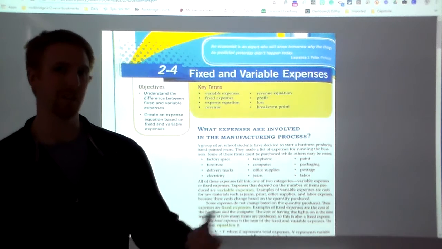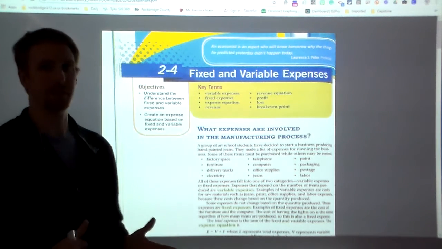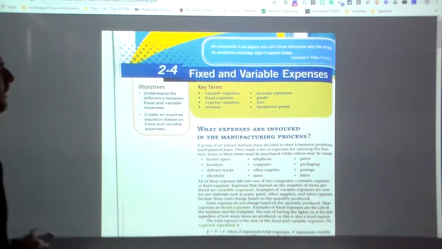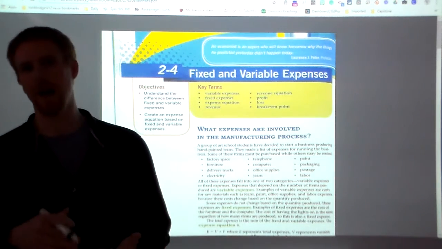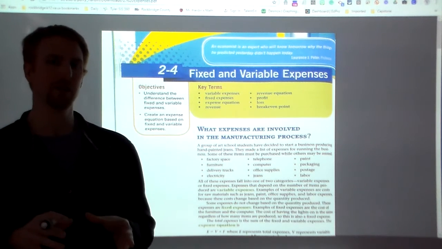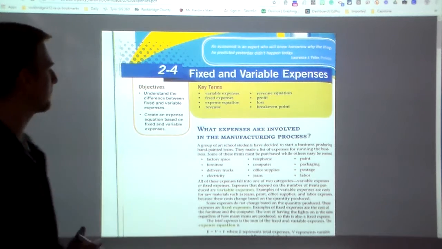And maybe if you don't need it, you don't pay them or you don't ask them to come in. So that could be completely dependent on how many jeans you're going through. Some of these can go both ways. But the ones that are pretty clearly fixed cost are things like rent, taxes, electricity, insurance. Anything you're going to make a monthly payment on and that monthly payment doesn't change, that's a fixed cost.